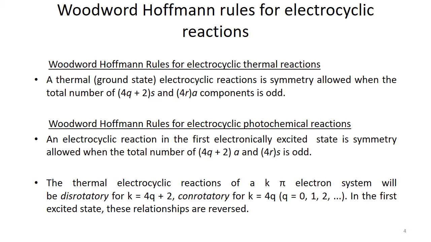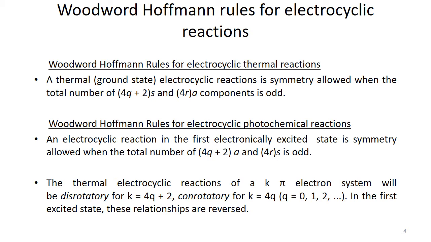The main thing is that we have to count the total number of electrons. So we can generalize these two rules for electrocyclic reactions: a thermal electrocyclic reaction of a k pi electronic system will be disrotatory for a 4n plus 2 system and conrotatory for a 4n pi electronic system. And for the excited state, these relationships are reversed.